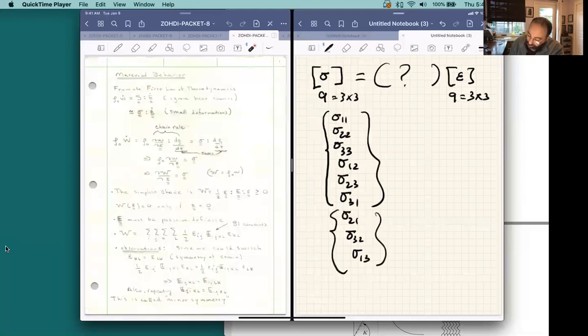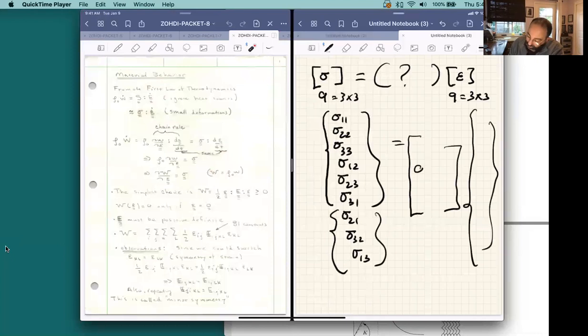That's the extra piece. So that's 9. And then the same thing over here for the strain. Now, the matrix that would have to connect the two, since this is a 9 by 1 vector and a 9 by 1 vector, would be 81 constants. That's a lot of stuff we have to do, or measurements we have to make to relate 9 numbers to 9 numbers. But we're mercifully lucky.